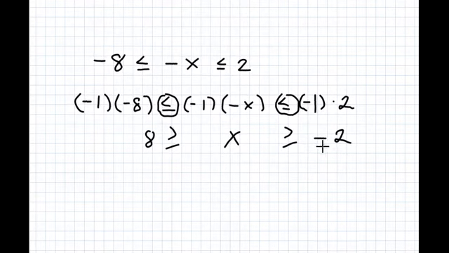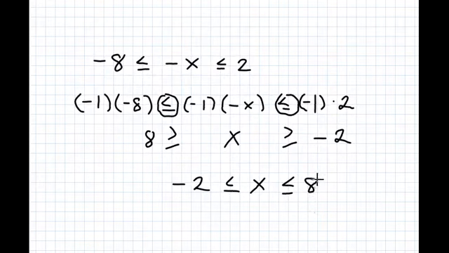Now this is not the standard way of writing this. We're going to have to flip all this around here, and this should say negative 2 is less than or equal to x, which is less than or equal to 8.